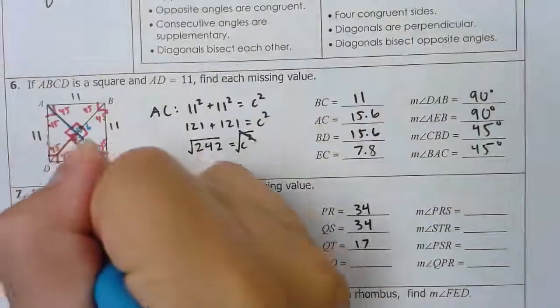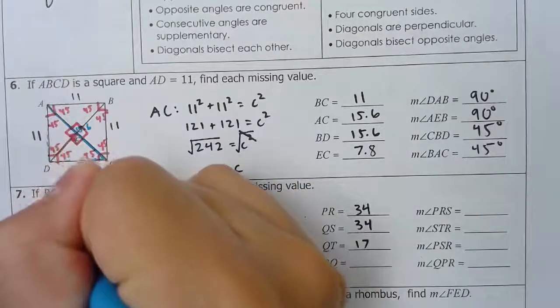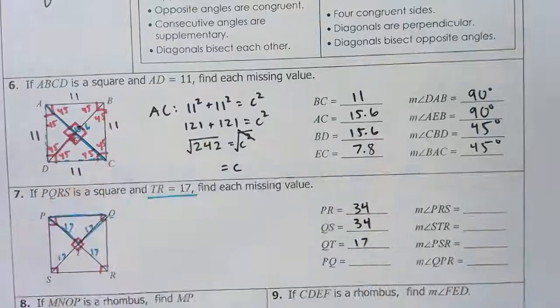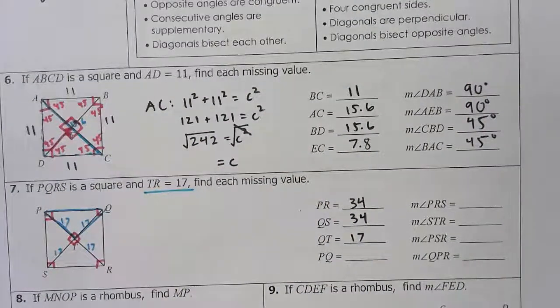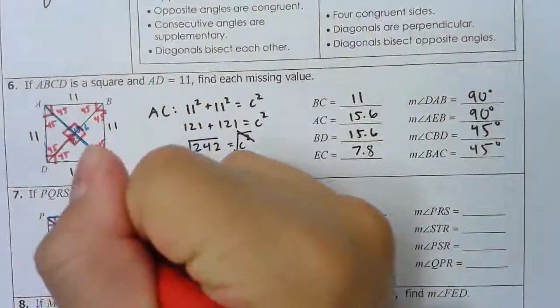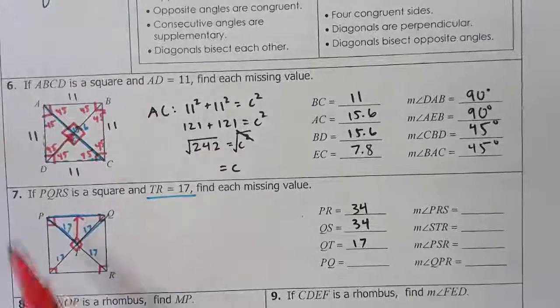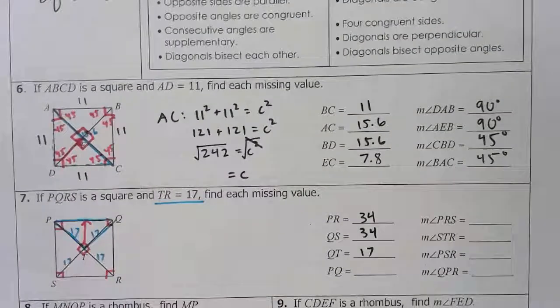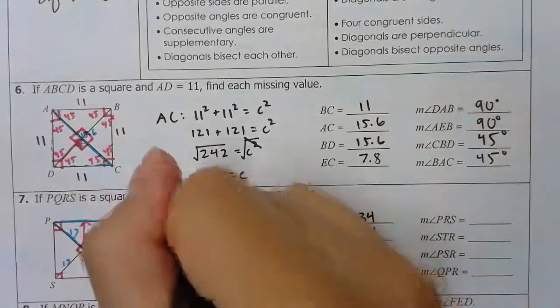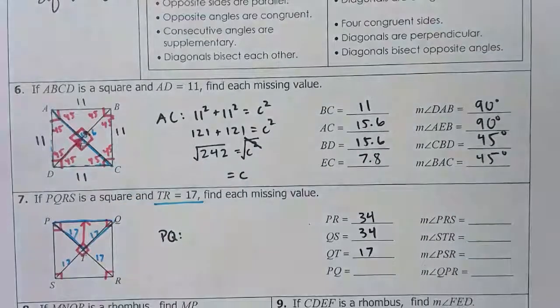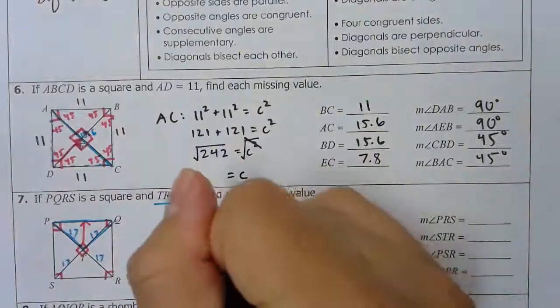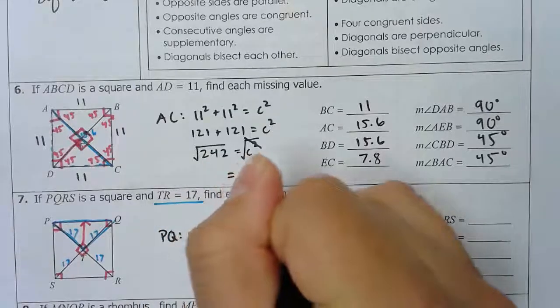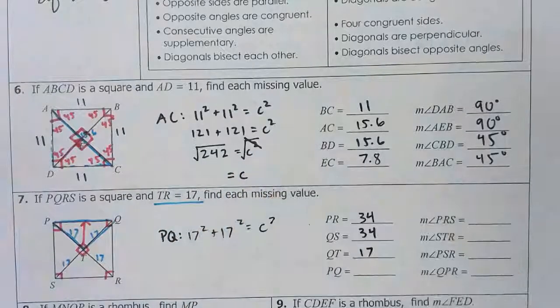I can take this triangle here and use the Pythagorean theorem to solve for PQ. So I have 17 squared plus 17 squared is equal to C squared.